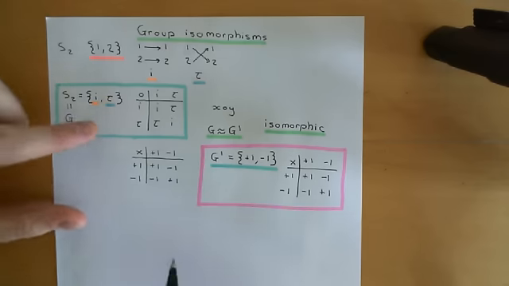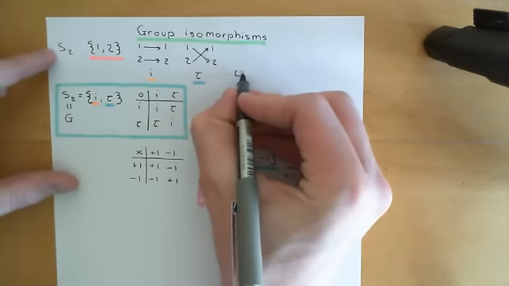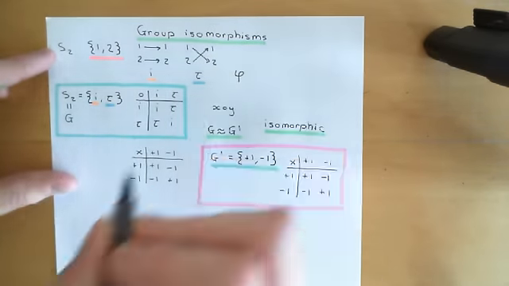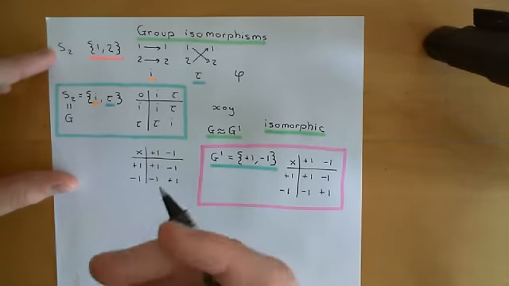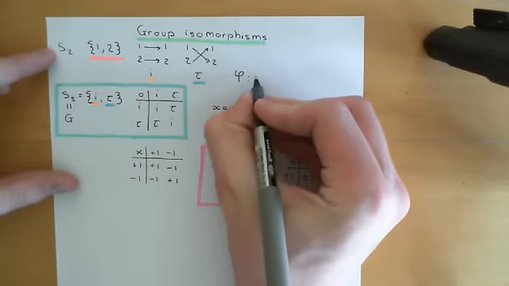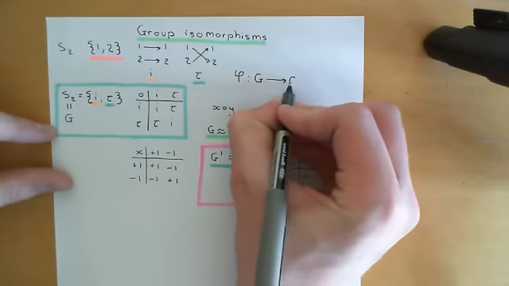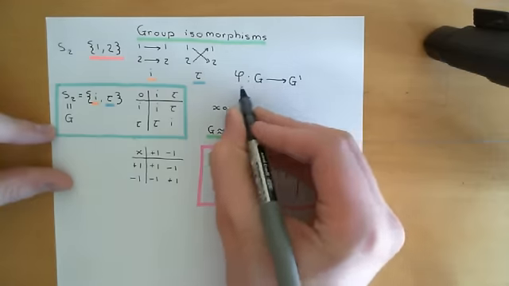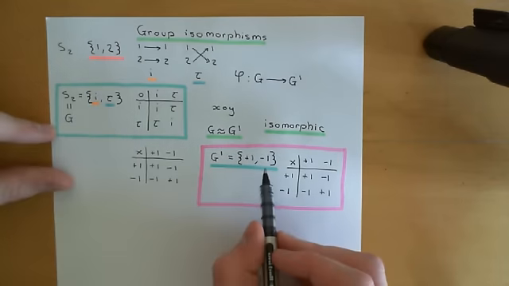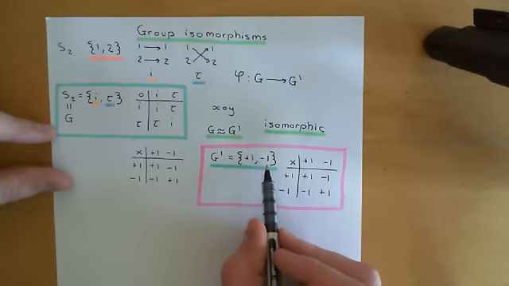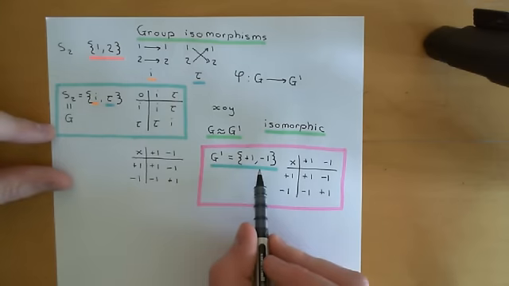So in this case, what was my isomorphism? Isomorphisms are often denoted lowercase phi, like so, but you can use other symbols for them, and they are a function, basically, which maps my group G here onto my group G prime. This function needs to be a bijection. It needs to take every element here onto an element here, and every element here has to have only one element from here being mapped onto it.